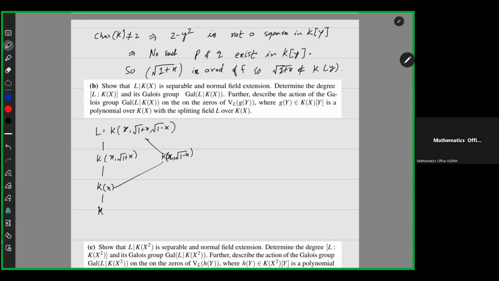There are more ways to do this. We can just directly write k adjoined with root 1 plus x like that. So this diagram is helpful to us for determining the degree of L over k(x). We want this degree, and this is a normal and separable field extension also. Good.